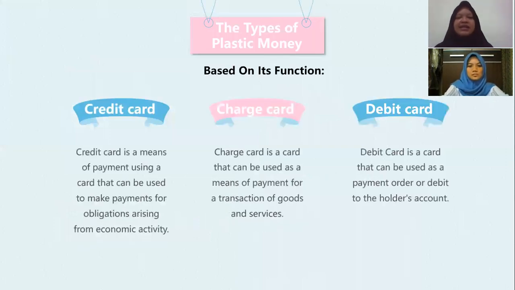The third material is the types of plastic money. The type of plastic money based on its function. The first is credit card.